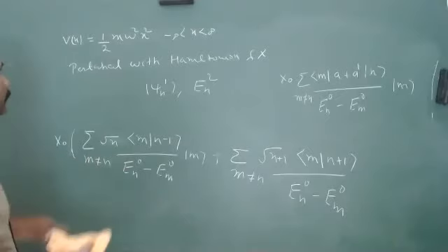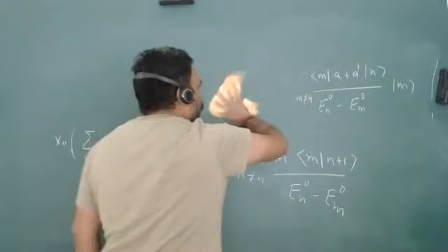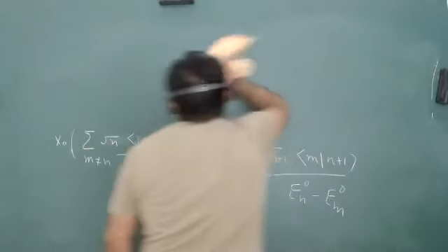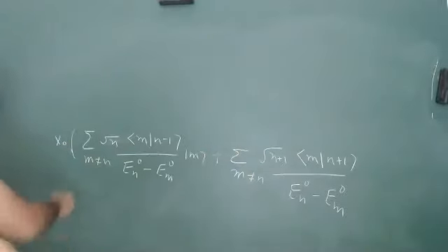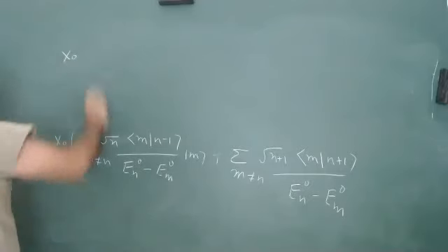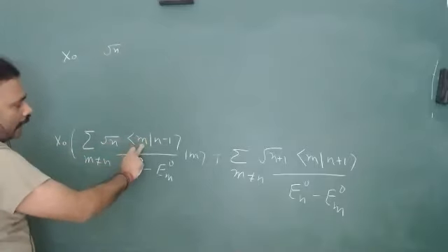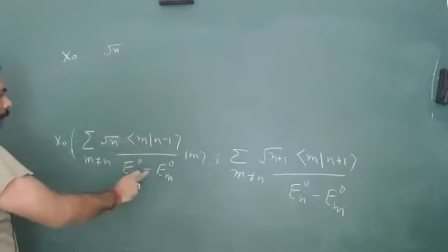So what will happen? All this can be written as x naught I am taking here, and this will be root n. Only one term is going to survive, that is m equal to n minus 1.